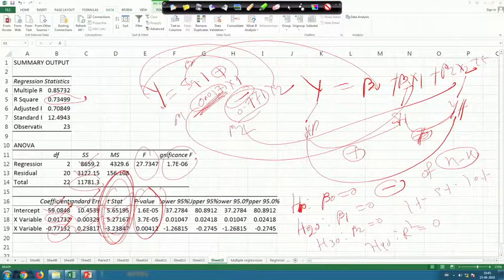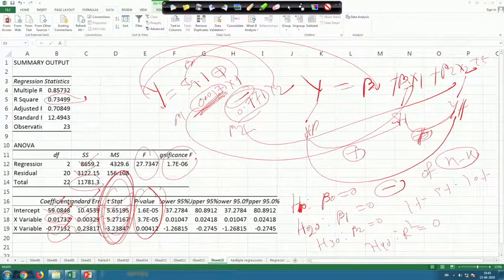And since R square is coming 0.73, which is close to high correlation, that means the prediction is good, and the impact of the independent variables on the dependent variable is also very high, and at the same time R square is statistically significant with the help of the F statistic. So technically this estimated model, where our objective is to predict housing price with the size of the house and age of the house, is perfect with respect to the specification test and goodness of fit test.